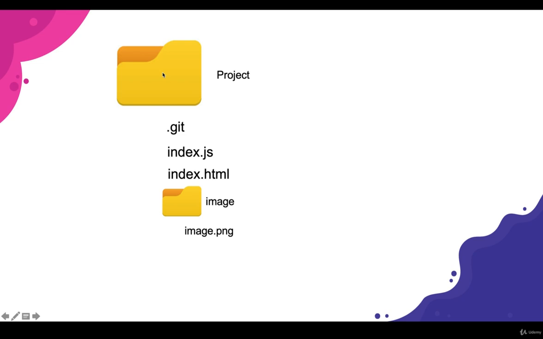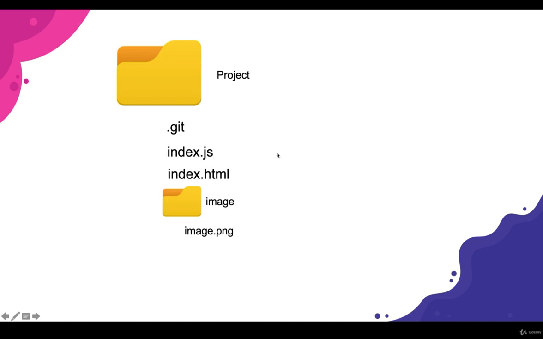For example, let's say we have a folder on a computer called My Project, or whatever your project's called, and this project is going to be a repository folder, and this repository is being tracked by this .git file. This .git file says that this is a repository right here, right? Because this is at the root level of this project, it means that Git is going to track the changes to any file in this folder, even files and subfolders.